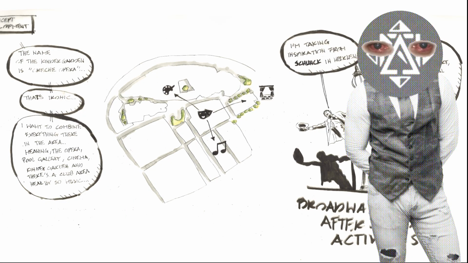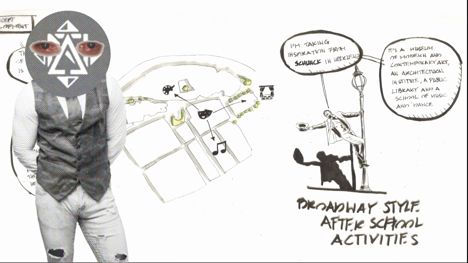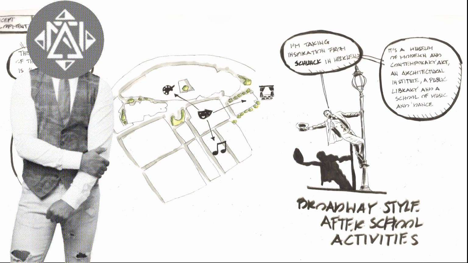So in my library I also want to incorporate that into the program and also add theater and art classes. Seeing as it's close to the opera house and a gallery space, people can perform or organize a gallery nearby the library.